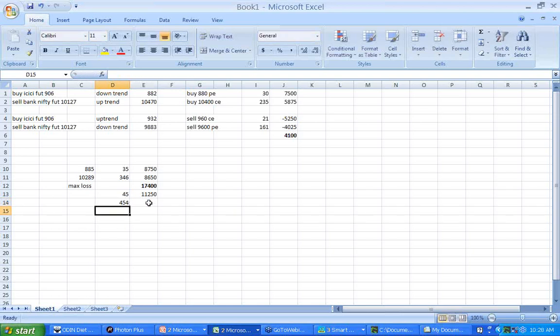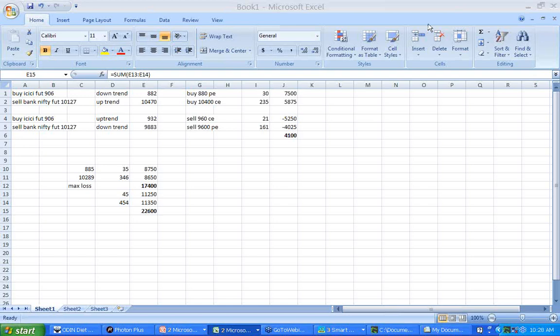This is if you are holding till expiry and all time value goes to 0. So your profitability comes here to 22,600. If you hold till expiry and the trade gives you success, then 22,600 you can gain, considering all time value comes to 0.